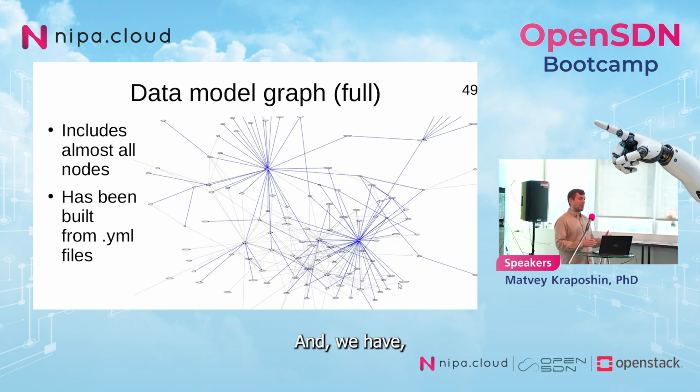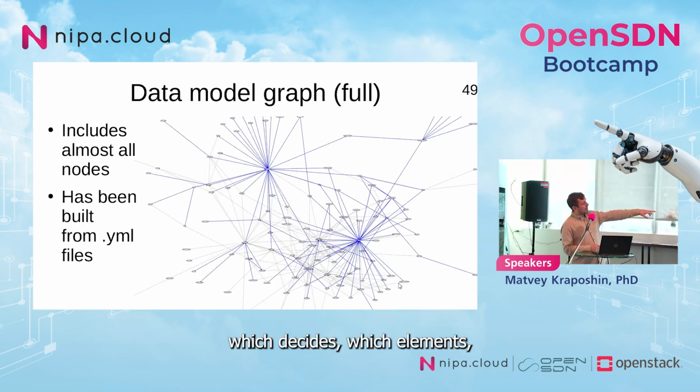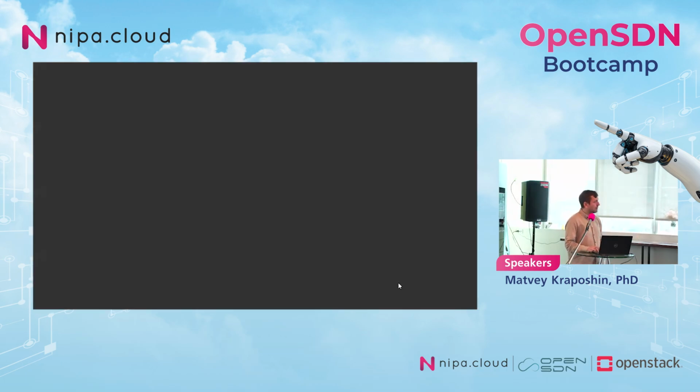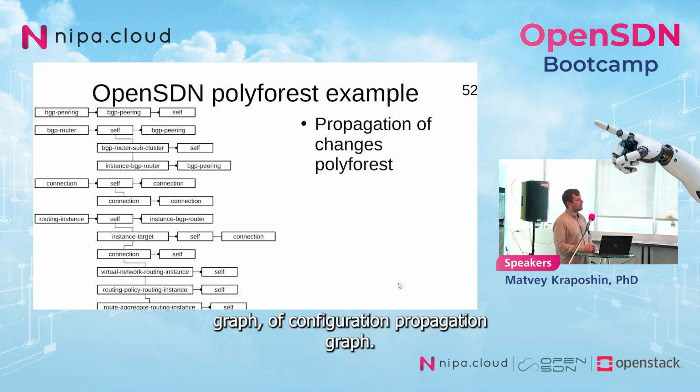And we have a special list or special policy, which is actually represented as a graph, which decides which elements are sent to a specific vRouter agent. For example, a polyforest of the configuration propagation graph.